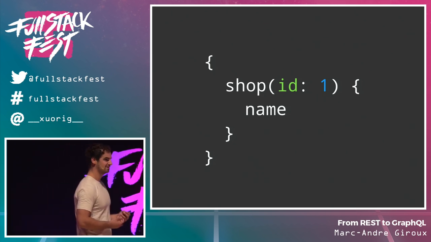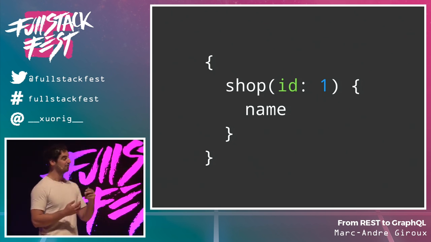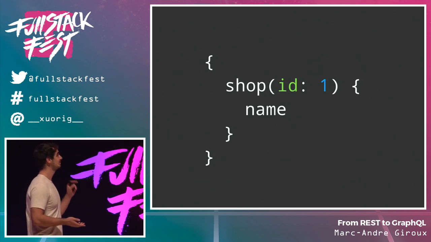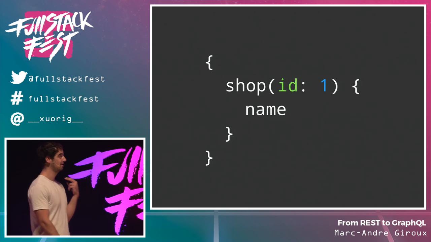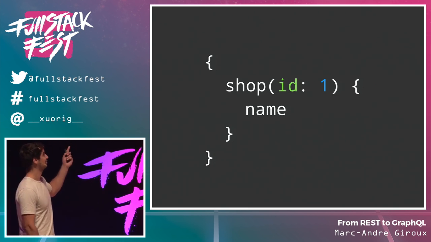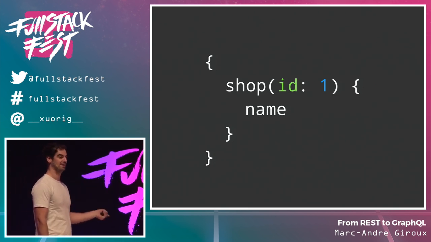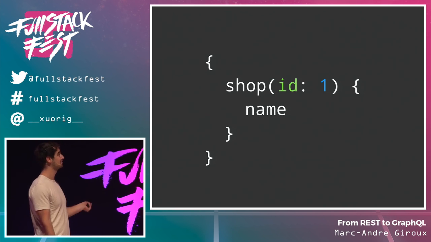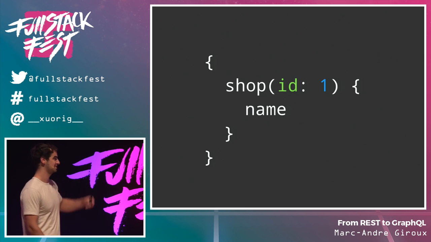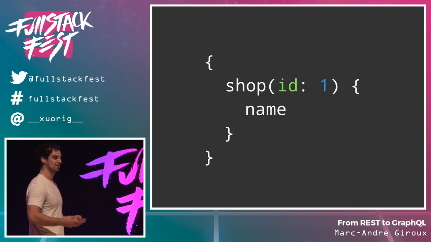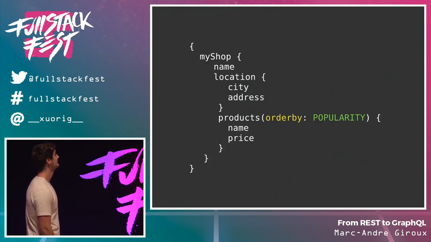So GraphQL has this concept of query root, where you define entry points. Where can I start my query from? So we had my shop before, but I might do another entry point, shop, that takes an ID. It might return the same result, but they're different entry points. This one is a more programmatic way of doing it. My shop maybe just returns the shop you're logged into or something.